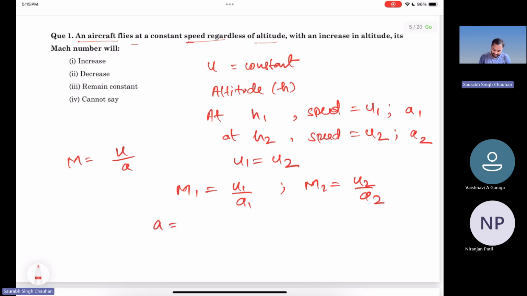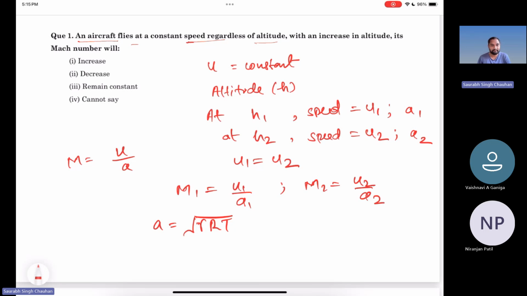Speed of sound, you can write it as a is equal to square root of gamma R T. Gamma is constant, right? It is Cp by Cv. R again will remain constant here. And temperature: will temperature increase or decrease? You know that as the altitude increases, temperature decreases. So if the temperature is decreasing, then speed of sound will also decrease.